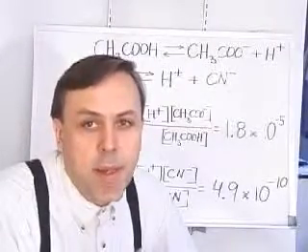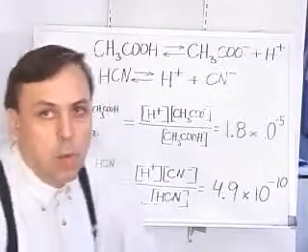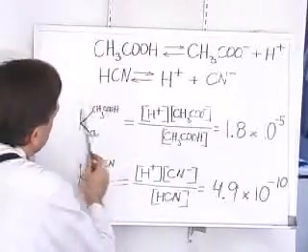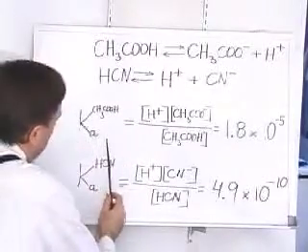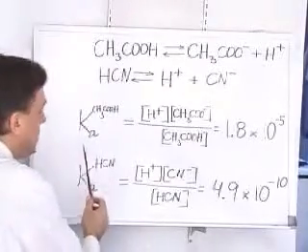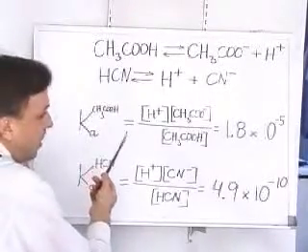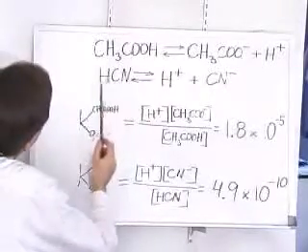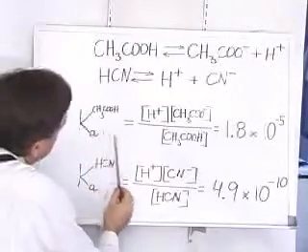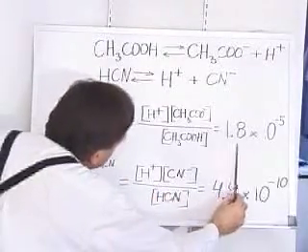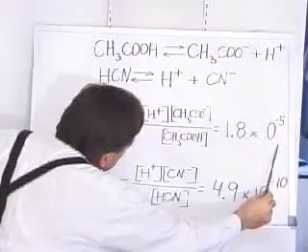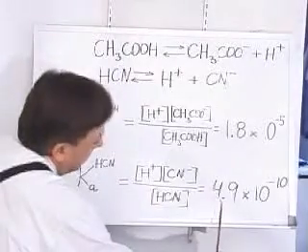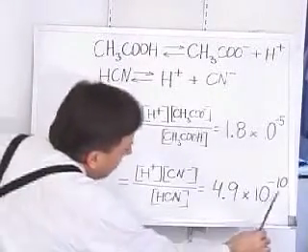As far as weak acids and bases are concerned, although weak, they still can vary in strength. The larger the equilibrium constant, or the acid, respectively base, ionization constant, the greater the strength of the acid or the base. For instance, if we have acetic acid and hydrocyanic acid, we see that acetic acid has 1.8 times 10 to the minus 5th acid ionization constant, while the acid ionization constant of hydrocyanic acid is 4.9 times 10 to the minus 10th.